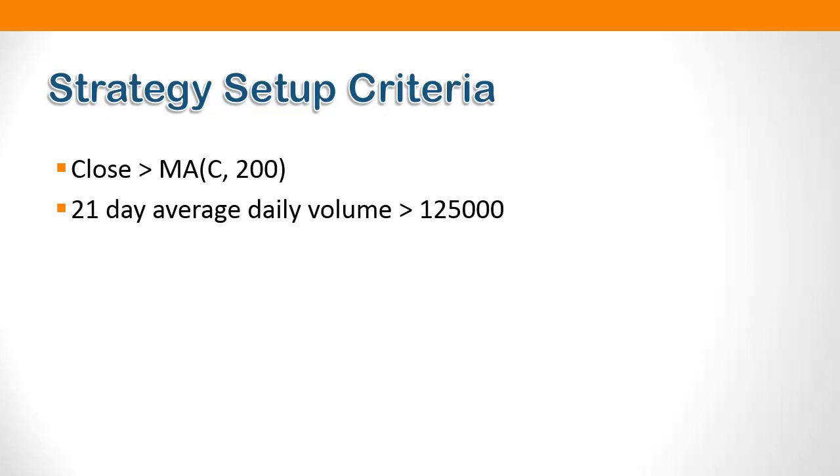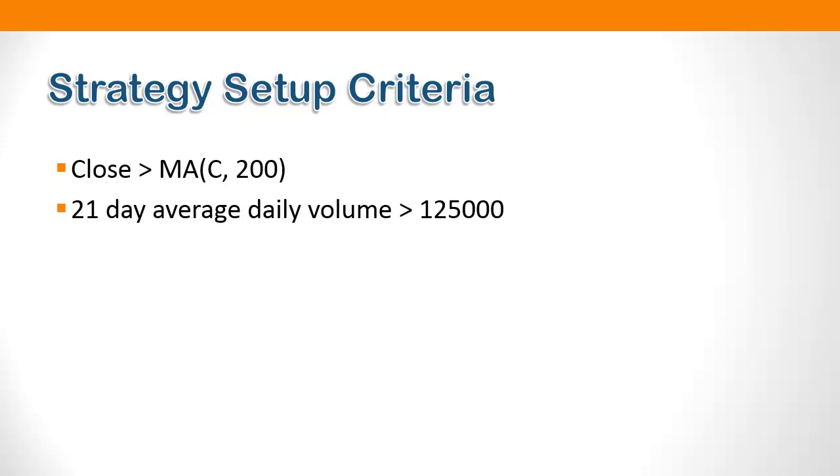So that everybody is on the same page, if you haven't read that strategy guide or if you don't own it, we'll just review quickly the setup criteria for a signal. The setup criteria are as follows. The close price has to be greater than the 200-day moving average of close.